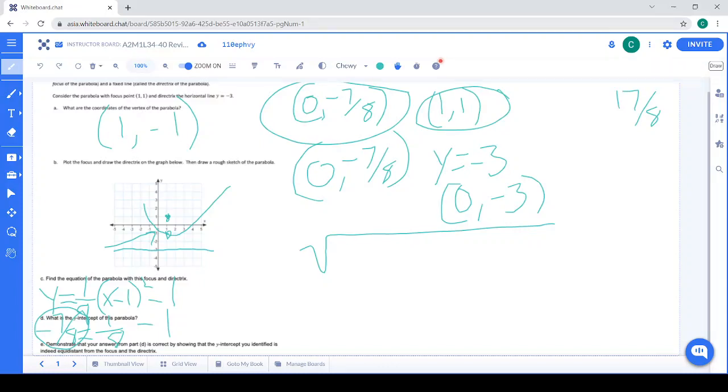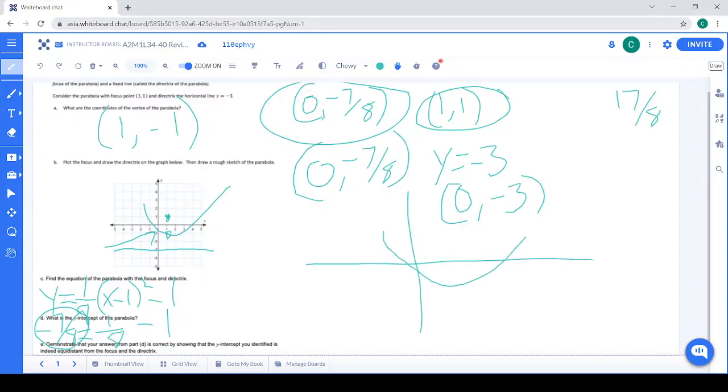So then we're going to have -7/8 minus a -3, which is a +3. Okay? Well, what ends up happening is we really are only going to be looking at the distance here. Okay? So, what is the distance between that? Let me make this a little bit plainer maybe.